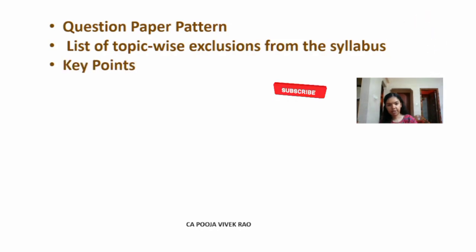Next, some key points discussed in the webinar were as follows. For the September 2025 exam, the relevant study material is the November 2024 edition. And the amendments, notifications and limited revisions issued up to 28th February 2025 will be applicable for the September 2025 exams.